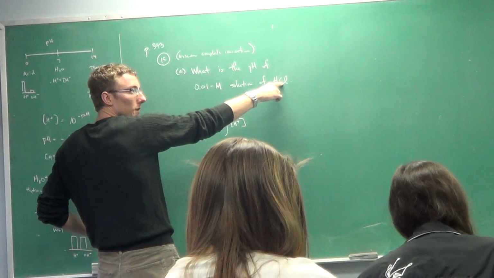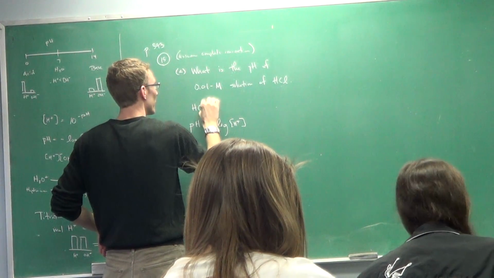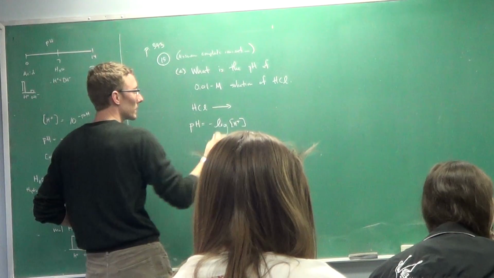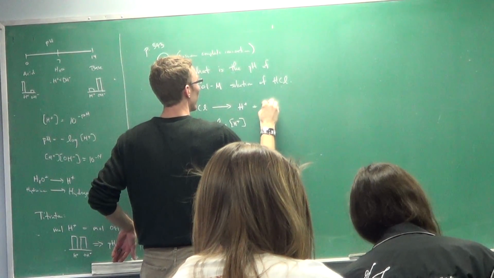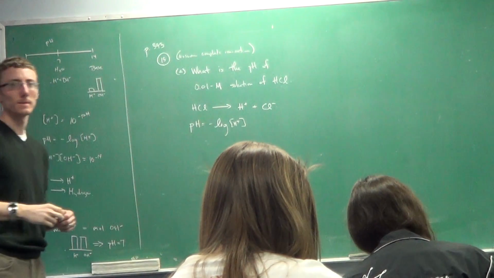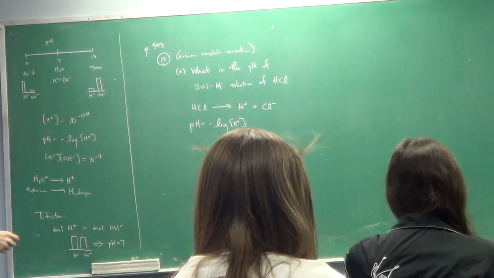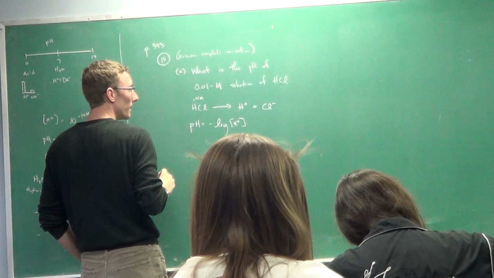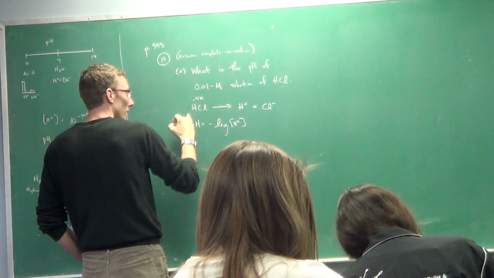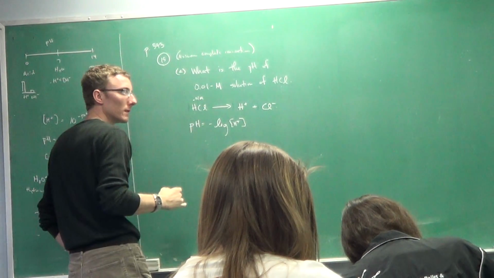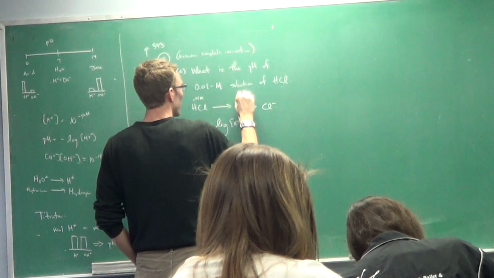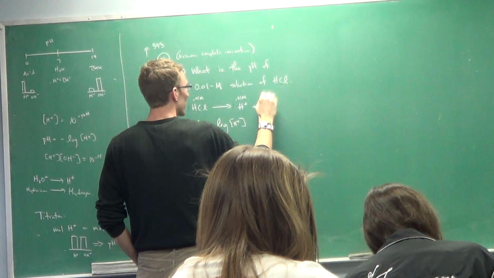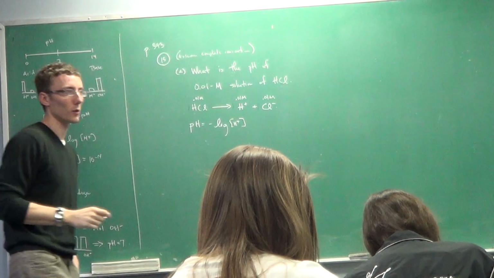Let's look at the dissociation of HCl. HCl is going to break apart into H and Cl. The concentration of the HCl is 0.01 molar. Because there are 1s as all the coefficients, the concentrations of the hydrogen ions and the chloride ions will also be 0.01 molar.